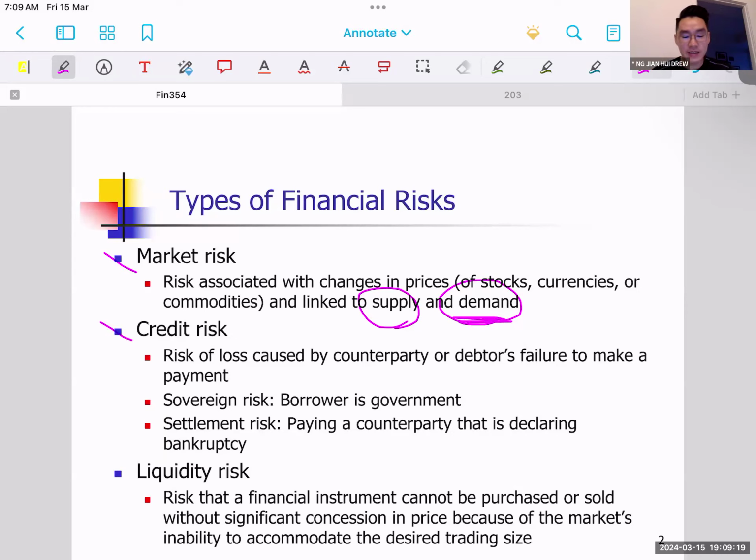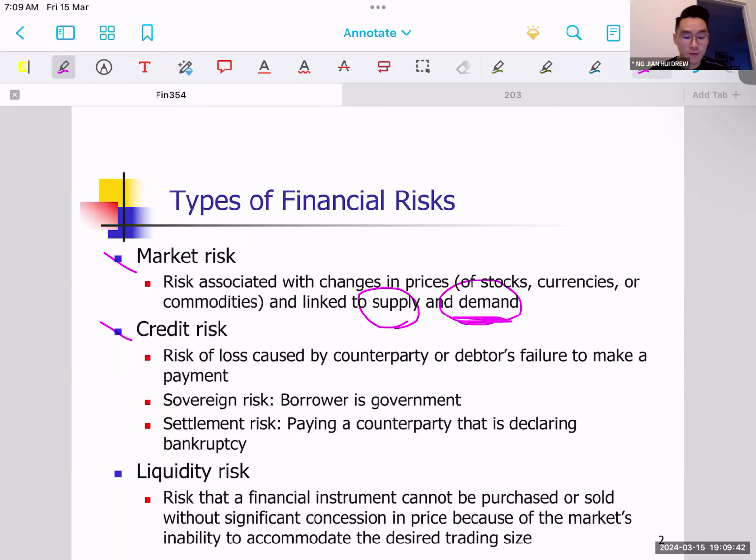Credit risk. So credit risk is a risk that is really hard to mitigate in the sense that all counterparties, regardless of the type of counterparties, all have credit risk, right? So let's say we have a treasury bond. Our treasury bond is issued by the government, and the government has credit risk as well. The government can default, right? So that is credit risk.